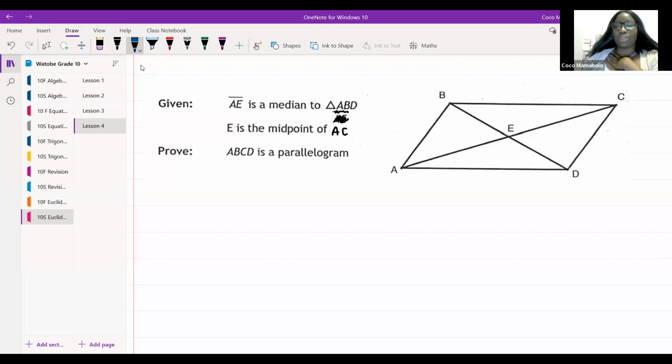So what they're saying is we've got a triangle A, B, E, close triangle, and AE is the median of which line? It can't obviously be any of those. It's going to have to be BE and ED. That's basically what they're saying to us. They're saying it in a funky way, but they're still saying it.